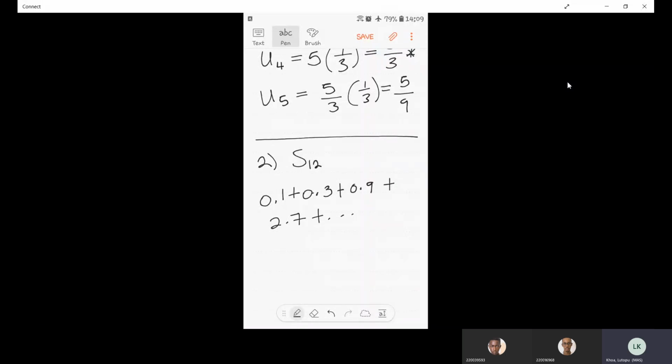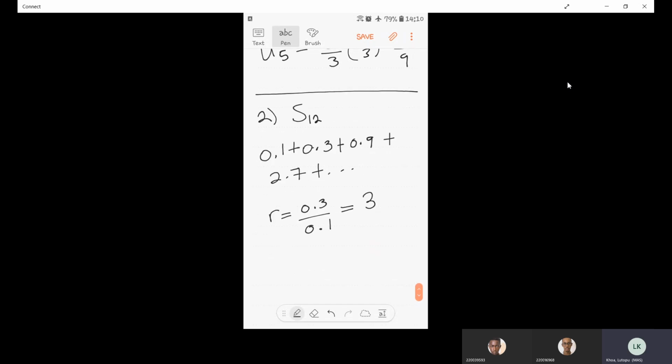So to do that, I can work out what R is. R is just 0.3 divided by 0.1, and this gives me 3. A is the first term, which is clear to see. So I have A is equal to 0.1.